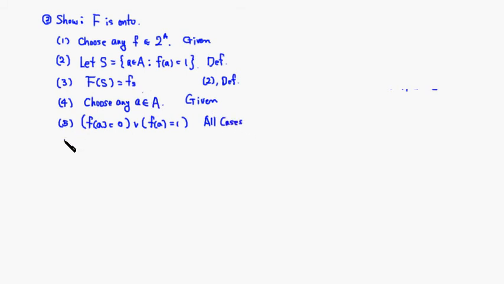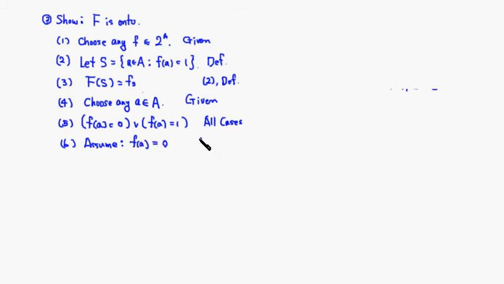All right, so let's look at the first case, 6. Assume that f of this particular a happens to be 0.